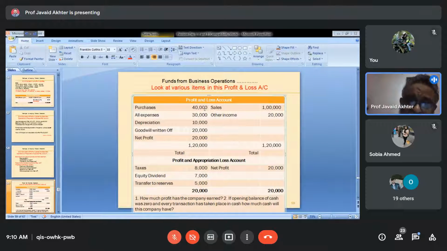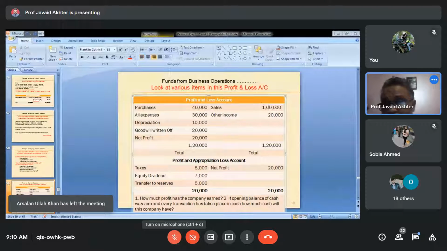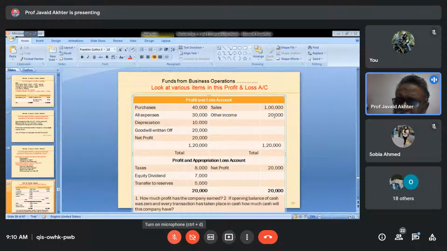So how much cash do you think should be available with the company? It has received 1 lakh in the form of sales. It has received 20,000 by way of other income, again assuming cash, such as interest or rent or discount. It has paid 40,000 cash for purchases and 30,000 for salary, etc. In your calculation, how much cash would be available with the company?